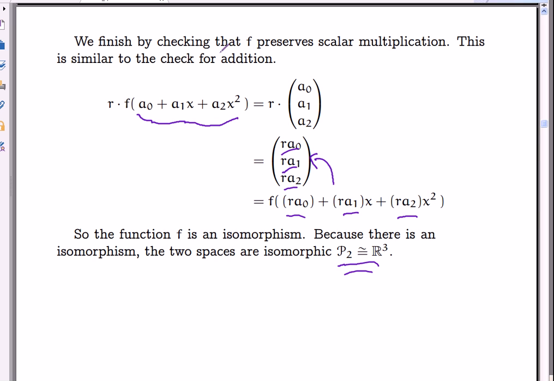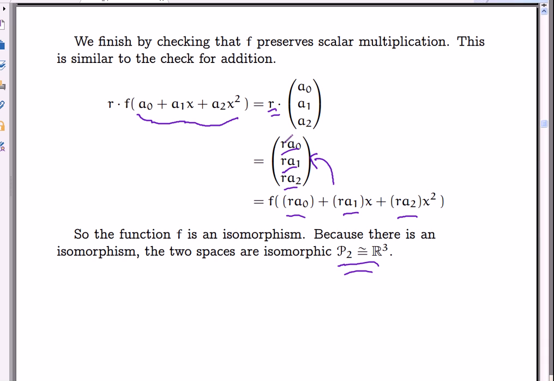Okay. Finally, we need to show that f preserves scalar multiplication. The proof is very similar. Take r times f of an arbitrary polynomial, but f of this polynomial is a0, a1, a2. If I apply r to that, I get ra0, ra1, ra2.